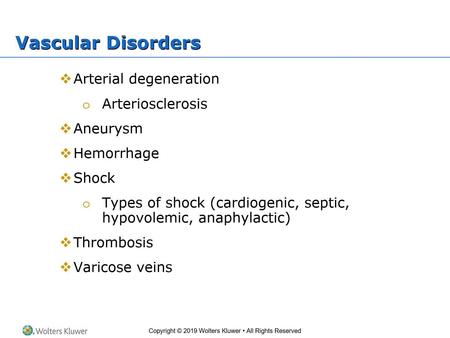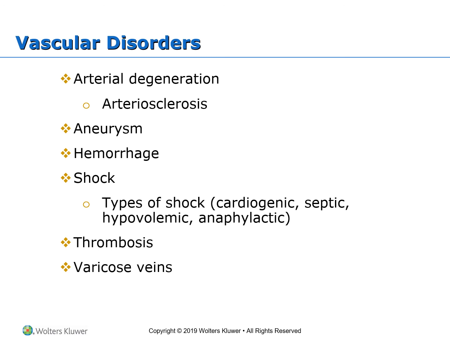Another type of shock would be septic shock. It's categorized as the second most deadly type of shock. It is a result of an overwhelming bacterial infection in the entire body. The hypovolemic shock is caused by a decrease in the overall blood volume, and may follow severe hemorrhages or burns or any type of condition where the body is losing a lot of fluids that are not replaced efficiently.